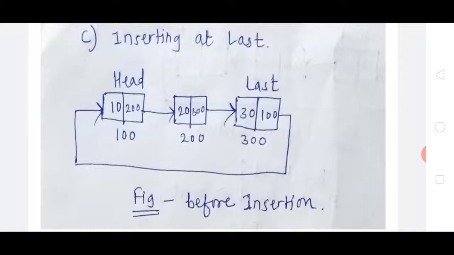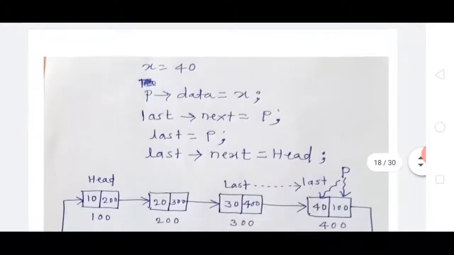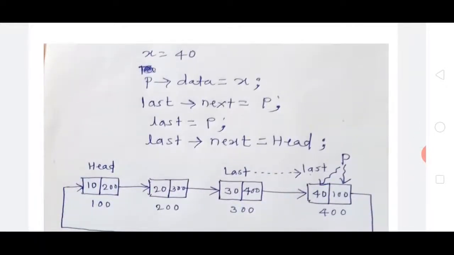Now we have to insert a new node in the list at the last position. First, the user has to enter a new element into the integer type variable x. So x is equal to 40, meaning the value 40 is stored in a node, and this node is connected to the end of the list.